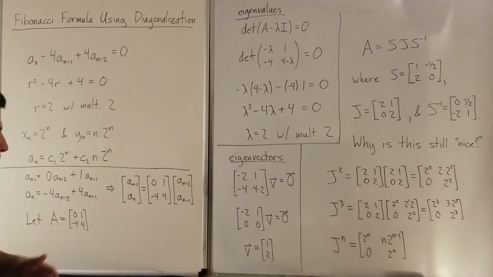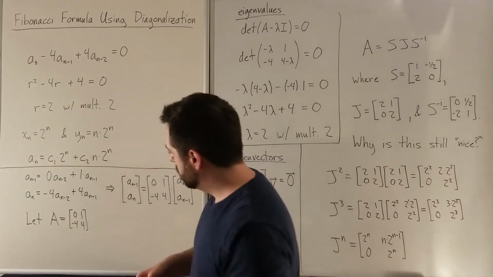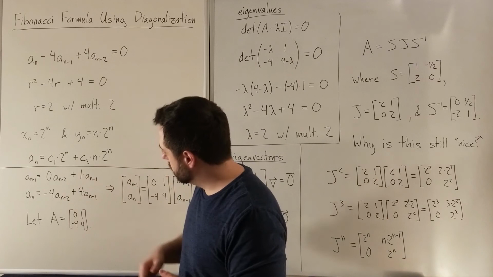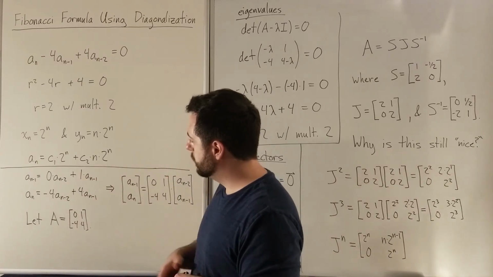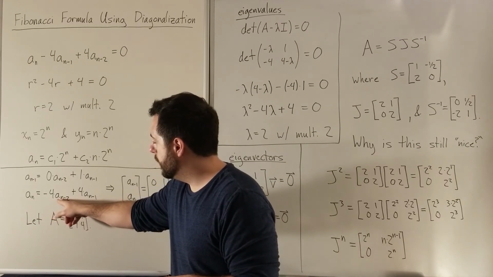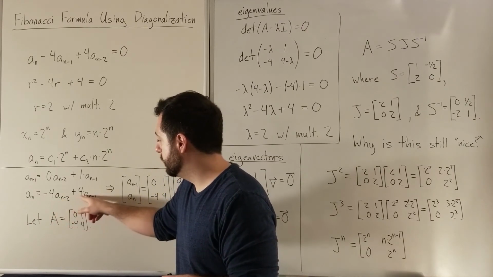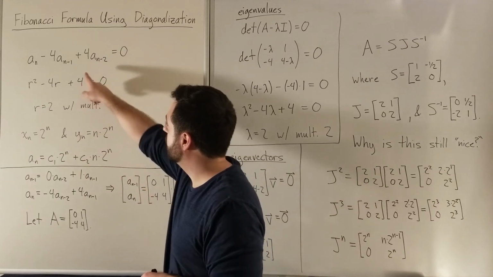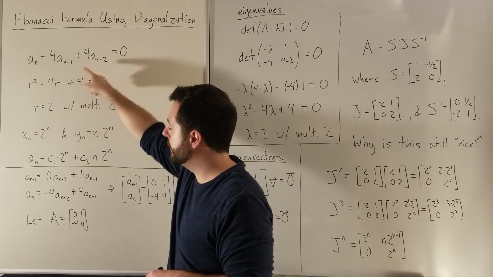And, well, there's a problem that arises. So let's take a look at this system of equations that we get. This is just like before. a sub n is negative 4 times a sub n minus 2 plus 4 times a sub n minus 1. That's just rearranging this to solve for a sub n.